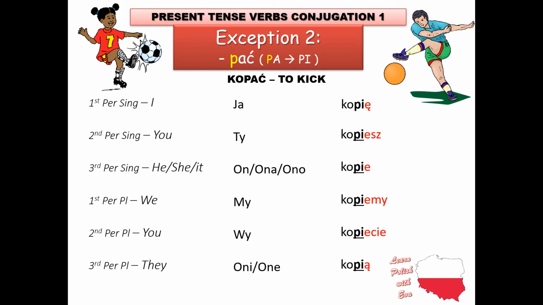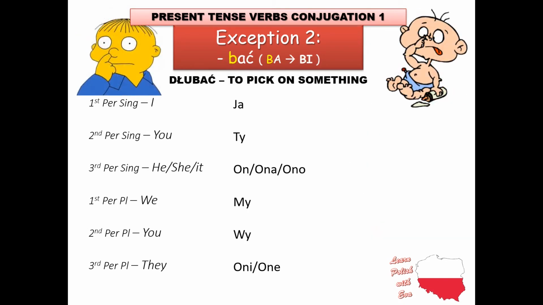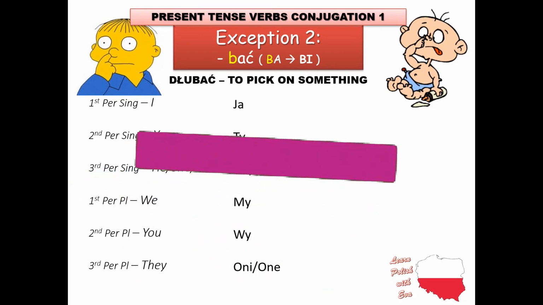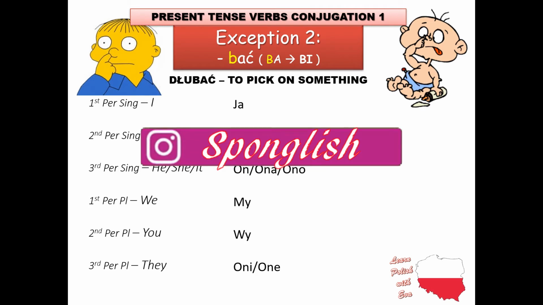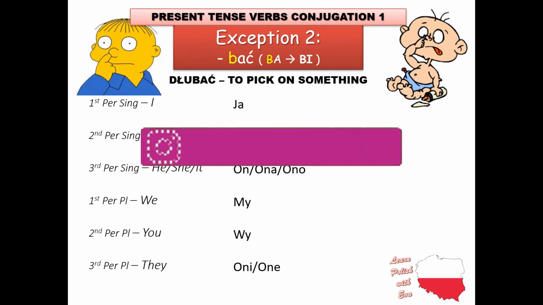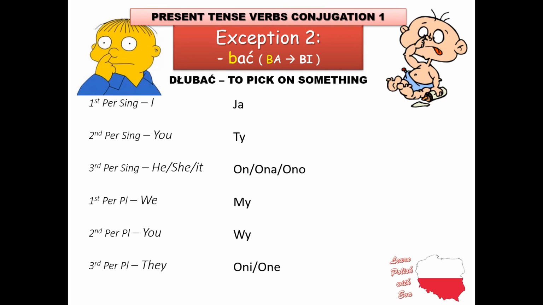Let's look at an example of a verb that ends in bać. In this case, I've chosen the only verb I could think of in the moment of making this presentation, which is DŁUBAĆ. DŁUBAĆ means to pick on something. You can pick your nose, but you can also pick at food, for example.